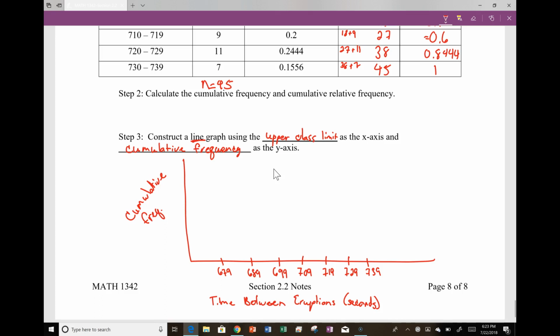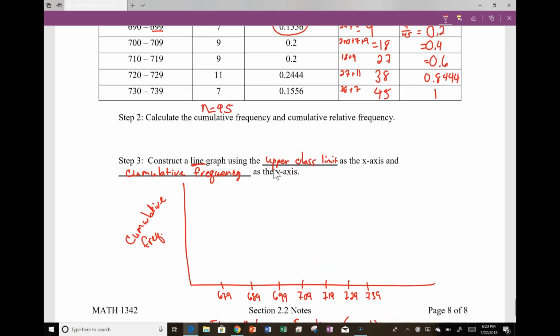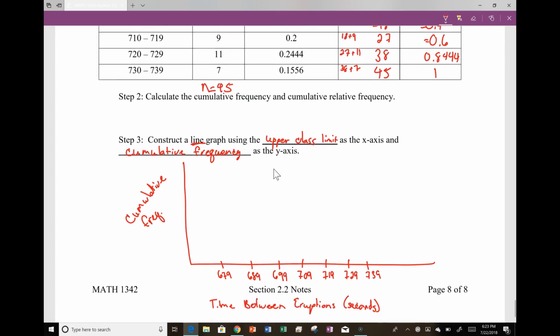Well, in this case I go up to 45. So I'm probably going to have to count by, let's say, 5s. I could have spread them out a little bit more, but that's okay. There's 5, 10, 15, 20, 25, 30, 35, 40, and 45.